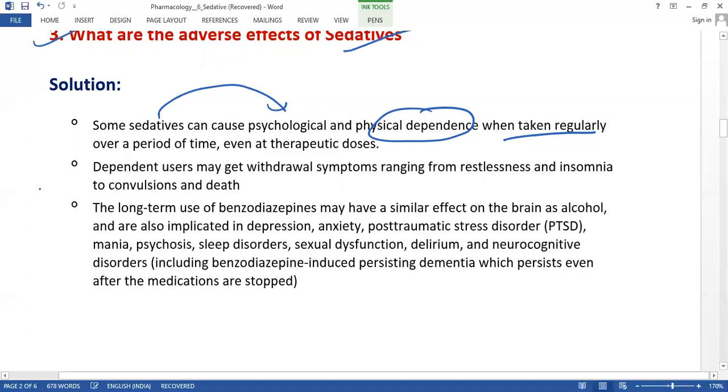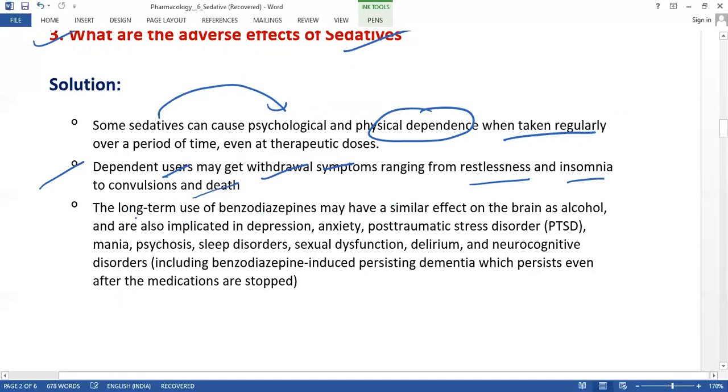The dependent user of the drug may get withdrawal symptoms ranging from restlessness and insomnia to convulsions, and there is also a chance of death.